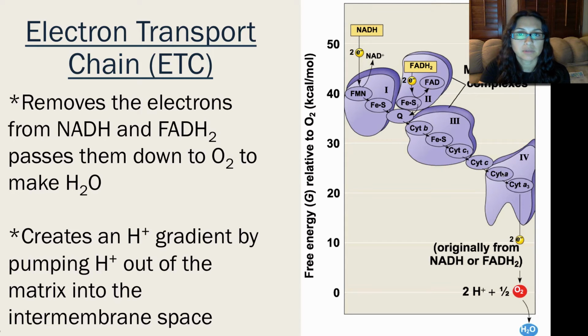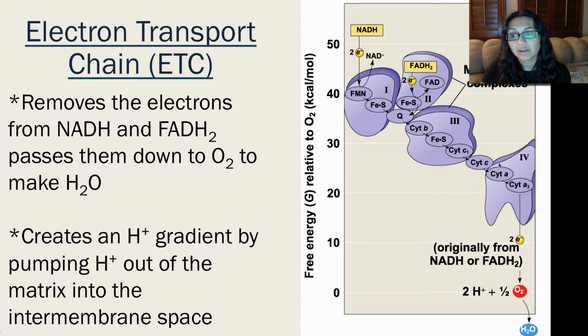Almost all of them are proteins. But these proteins are special because they're electron carriers, so they can easily accept electrons. As you go down the electron chain, each electron carrier is a little bit more electronegative. That means it has a stronger affinity. It wants to grab those electrons more strongly than the previous one.